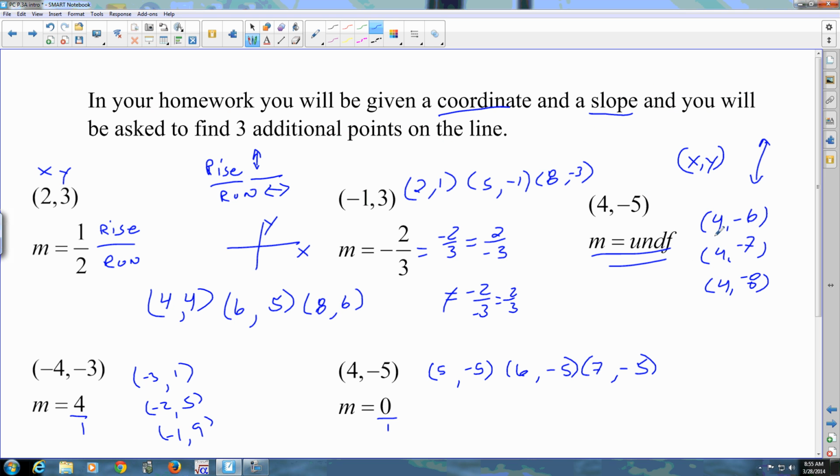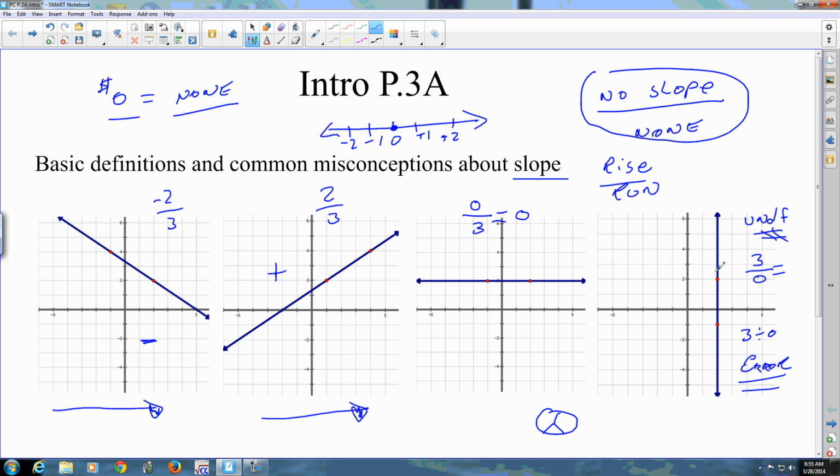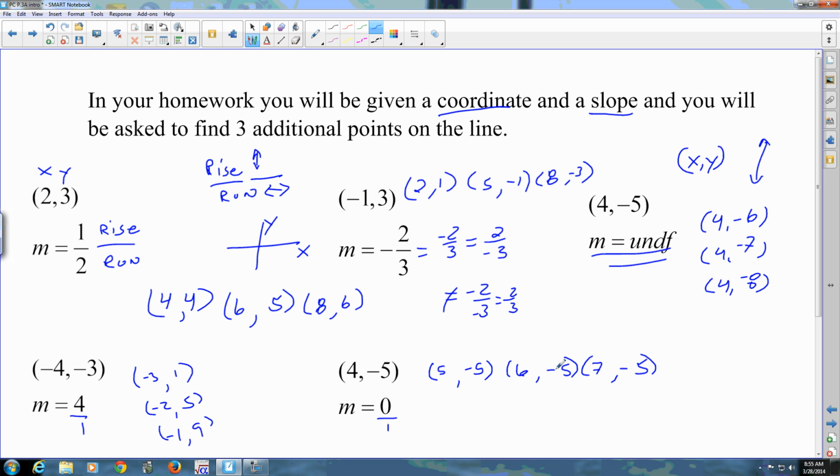Once again, notice the x value isn't changing. The x value is fixed. In this case, the x is always 2, but the y value can do anything it wants. For this one, the y value is always 2, and the x value can do anything it wants. If the y is fixed on a horizontal, the x is fixed on a vertical. That's the same thing that's going on here.